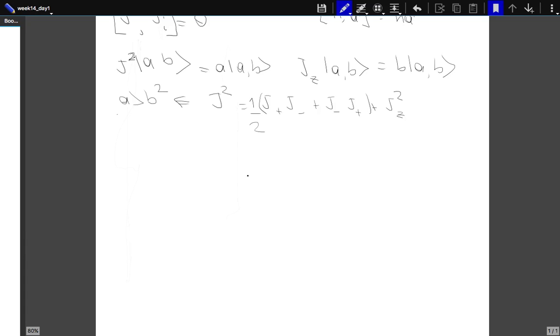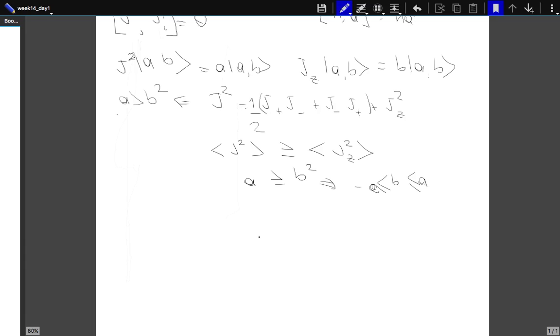The operator in parentheses is always positive, so the expectation value of J squared is always larger than or equal to the expectation value of Jz squared, which in an eigenstate just means that A is larger than or equal to B squared. But this also means that B has to be between minus root A and root A.